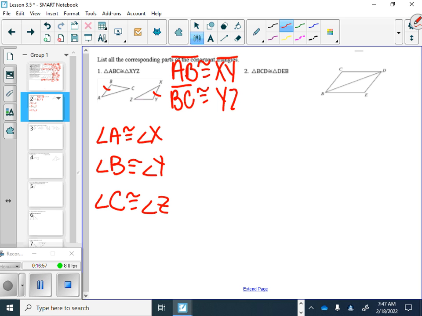YZ. Second and third letter in the other one. So YZ and BC have two tick marks. And then that leaves AC being congruent to XZ. Very good. So AC and XZ are congruent to each other. You'll have those three tick marks.